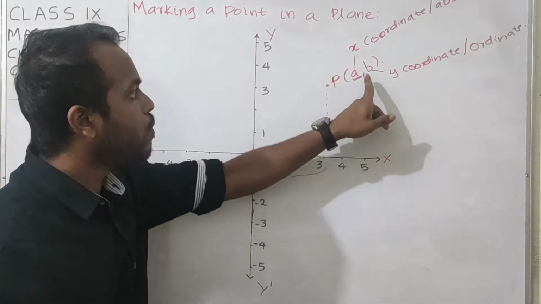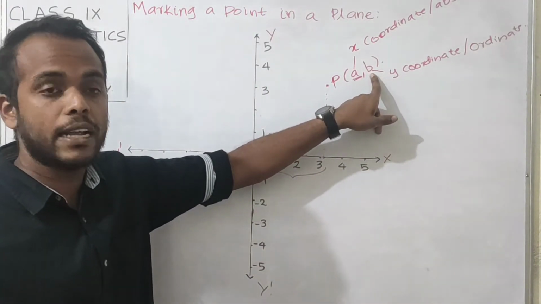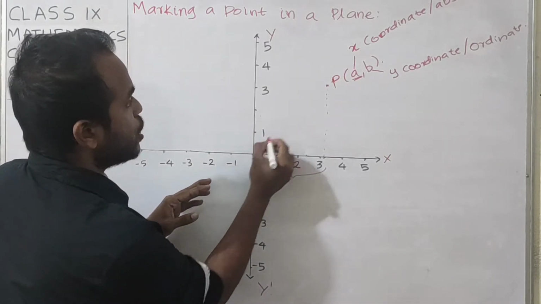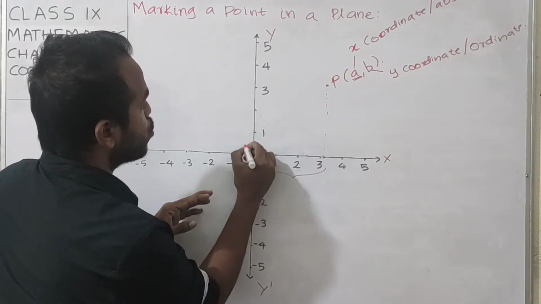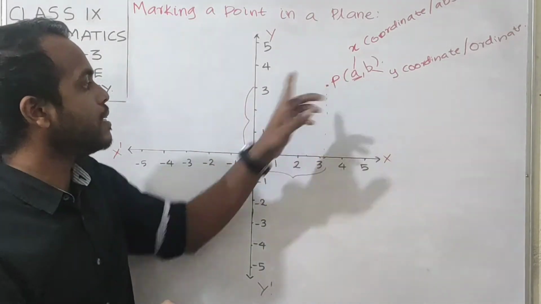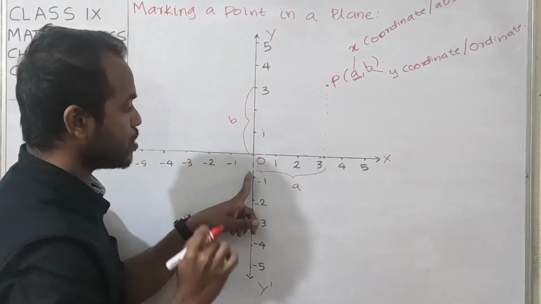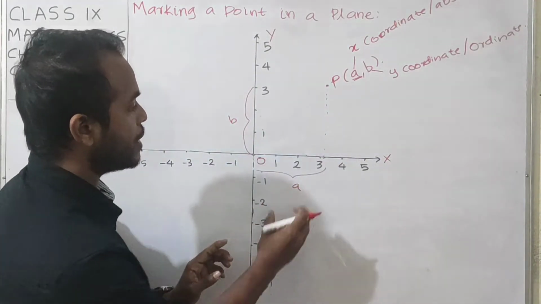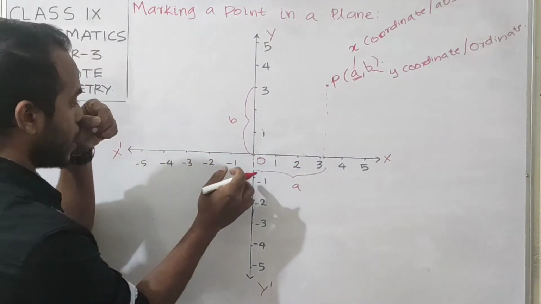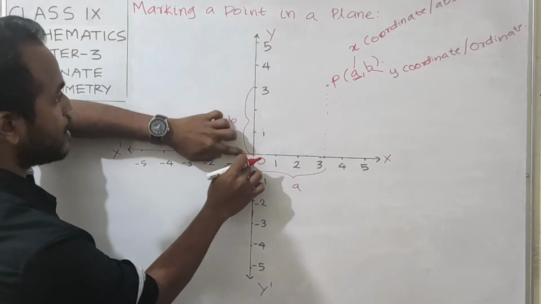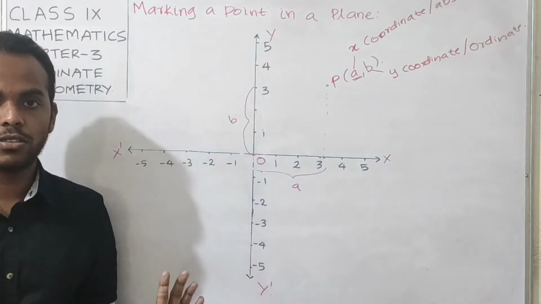Now similarly, what does the letter B mean? B means the distance from the origin to the point P along the y axis is B units. Just as the distance from the origin to the point P is A units along the x axis, the distance along the y axis is B units.